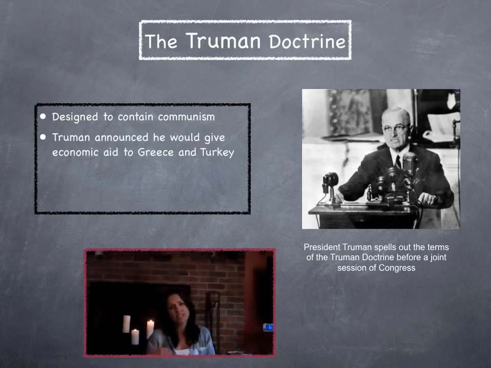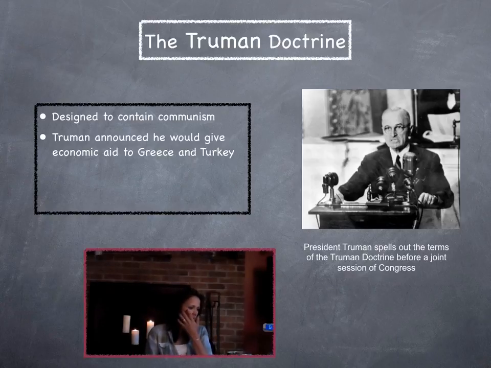And in March of 1947, Truman announces first that he's going to give aid to Greece and Turkey. Greece and Turkey were struggling immensely from the end of World War II. Greece in particular had been devastated, and they were desperately in need of money. And there was serious potential for communism to develop in these two countries.